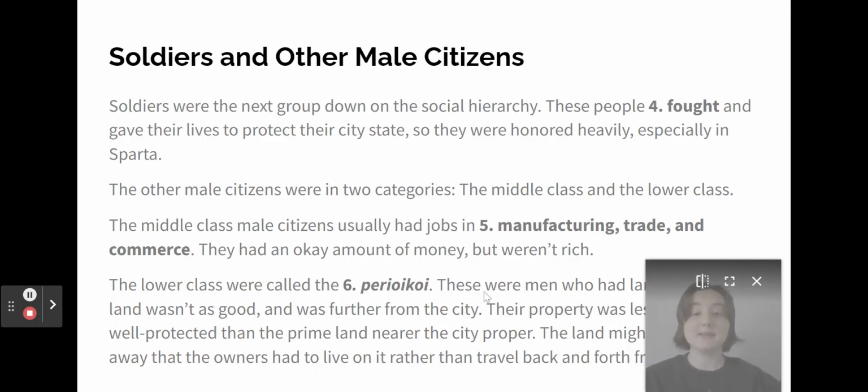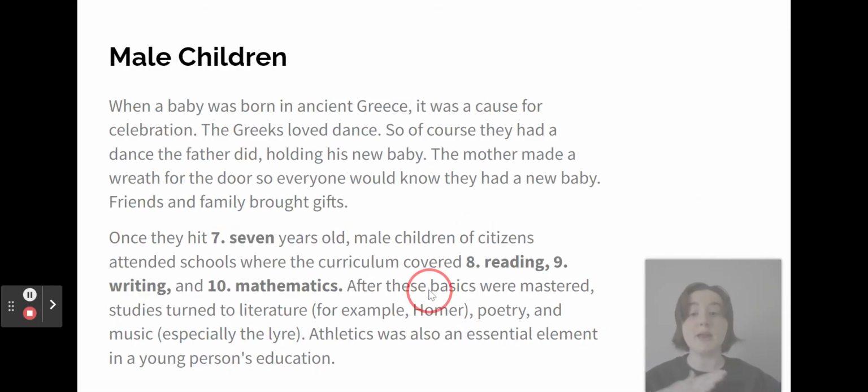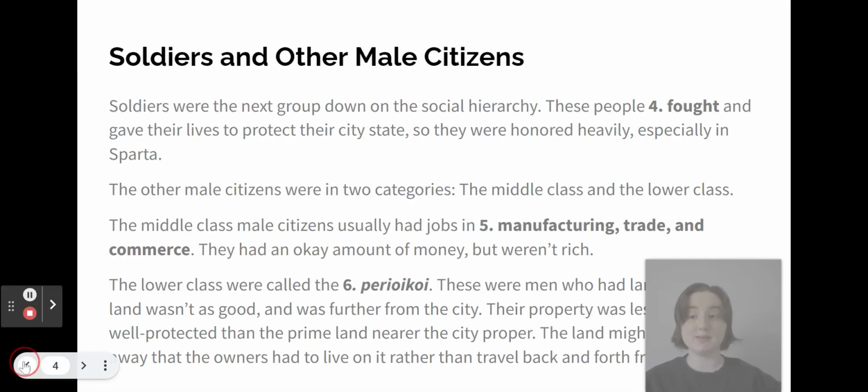Your next category is soldiers and other male citizens. So, soldiers were the next group down on the social hierarchy. These people fought and gave their lives to protect their city state, so they were honored heavily, especially in Sparta. The other male citizens were in two categories: the middle class and the lower class.